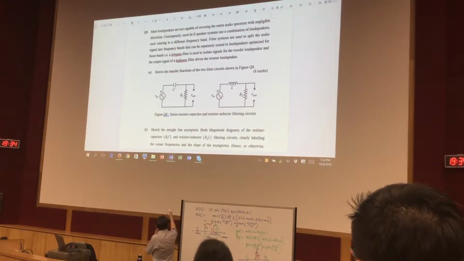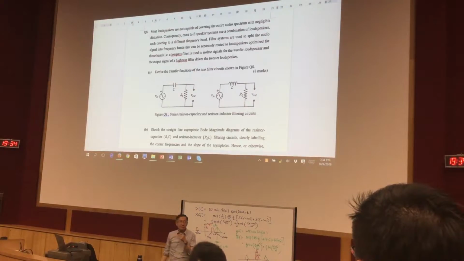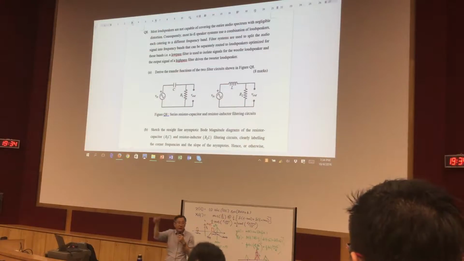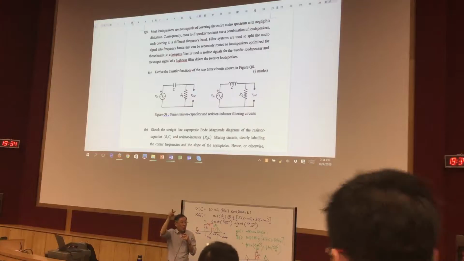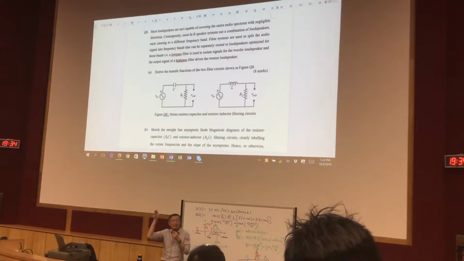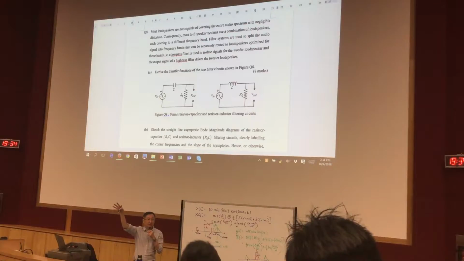Alright? Now, if you use complex impedance, it's very straightforward because the voltage across this resistor is this divided by this plus this. Correct? The complex impedance of this guy is 1 over SC. The complex impedance of this guy is R1. So V out is R1 over R1 plus 1 over SC times V in.